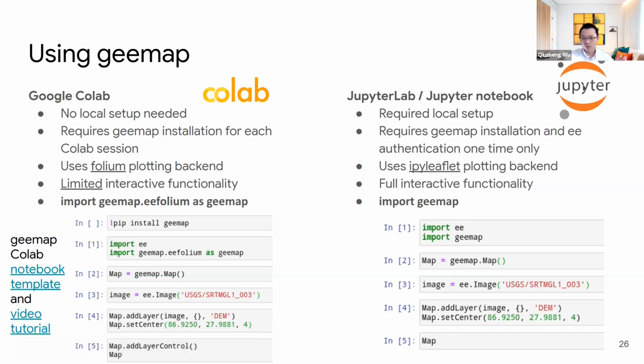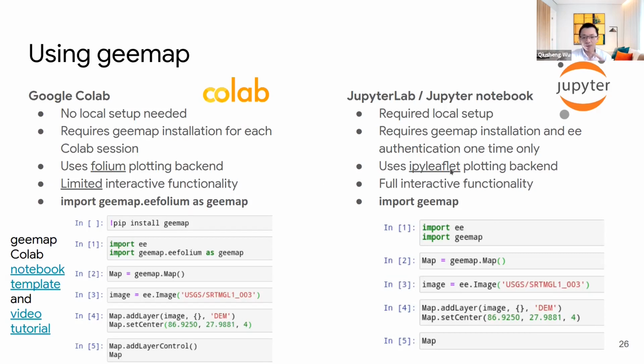You can also use Jupyter. Keep in mind, Colab uses Folium and Jupyter uses ipyleaflet. These are two different interactive mapping packages. Personally, I like ipyleaflet better because it is bi-directional. For example, when a user clicks the map, you can get the coordinates and use them to query the data set.